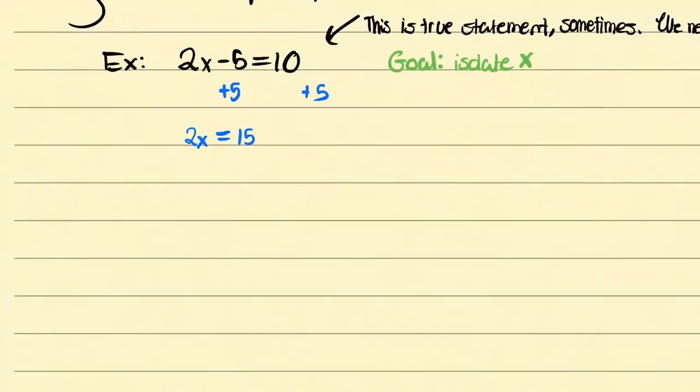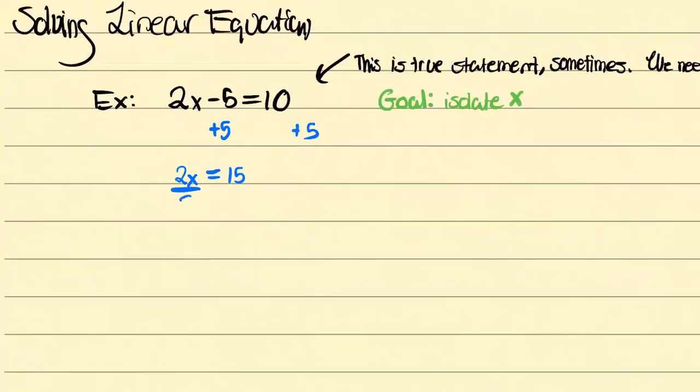All I need to do is divide by 2. But remember, if I divide by 2 on the left side, I need to divide by 2 on the right side. So when x is equal to 15 over 2, this is a true statement.